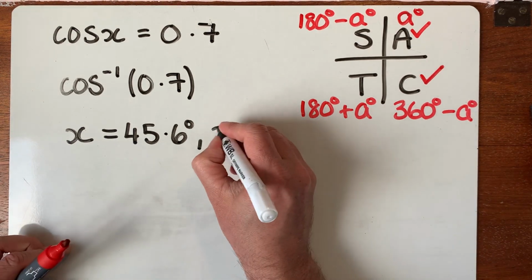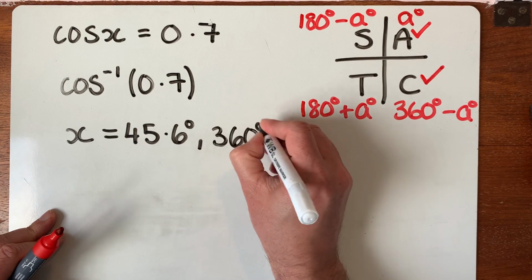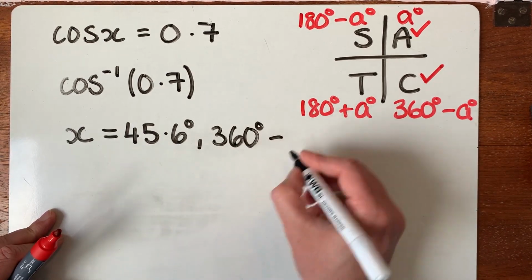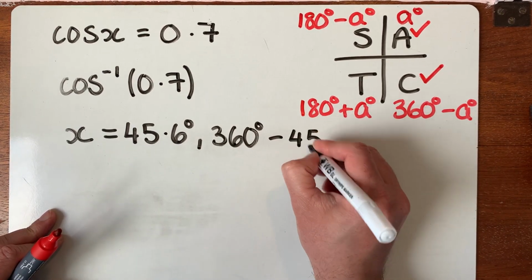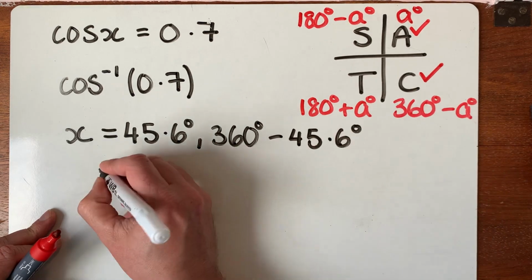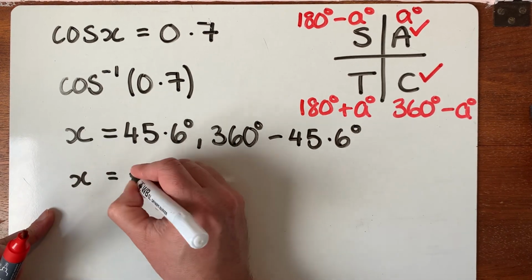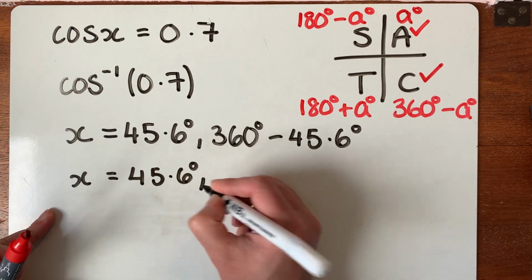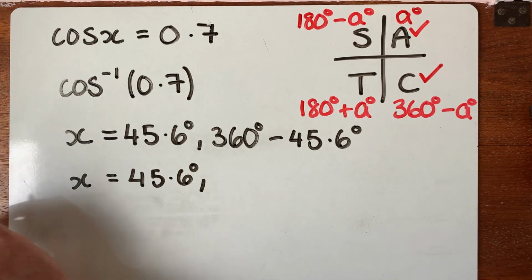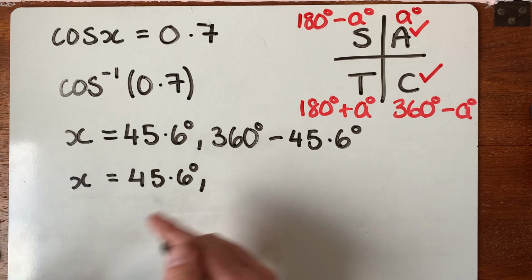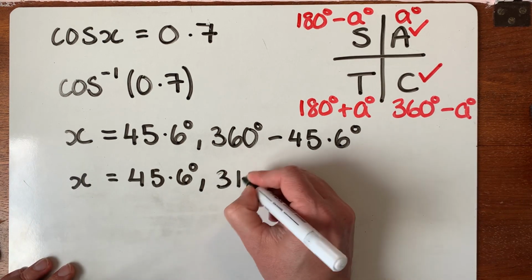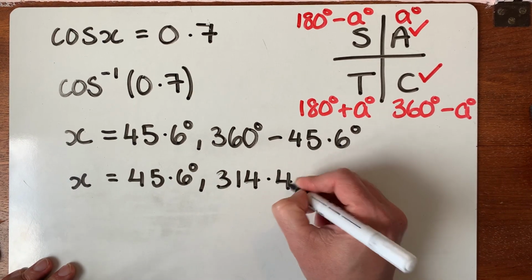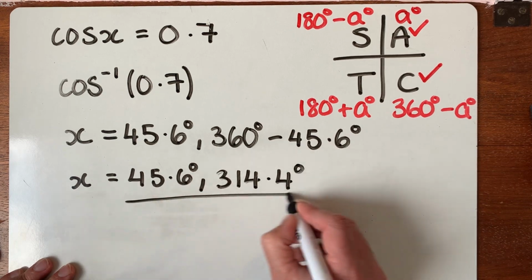I'm just going to write down that that's what I'm doing, 360 degrees, not minus A, but minus the answer I got in my calculator, 45.6. And I'm going to work that out really quickly. So I have two answers, 45.6 degrees, and 360 minus 45.6, and we get 314.4 degrees for our second solution.